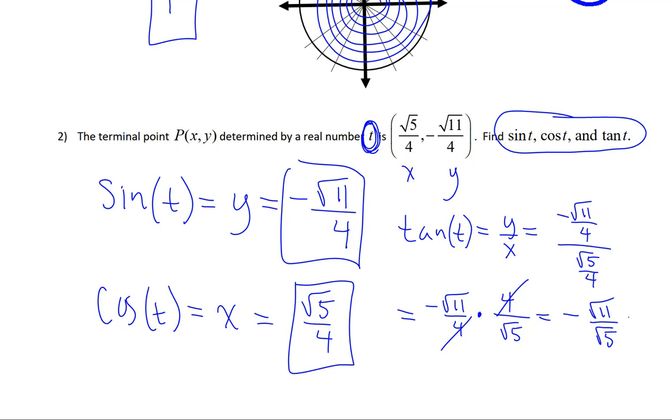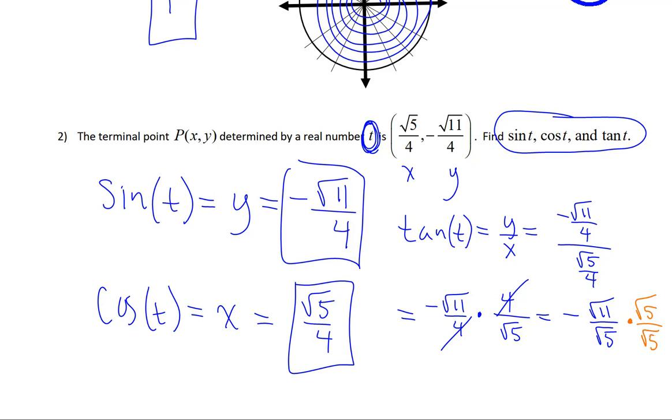Now, as we've seen previously, and is pretty common with trig material, we also will probably rationalize this. Rationalizing means we don't want to leave a root in a denominator. And so we'll do that by multiplying the top and bottom of this by the square root of 5.